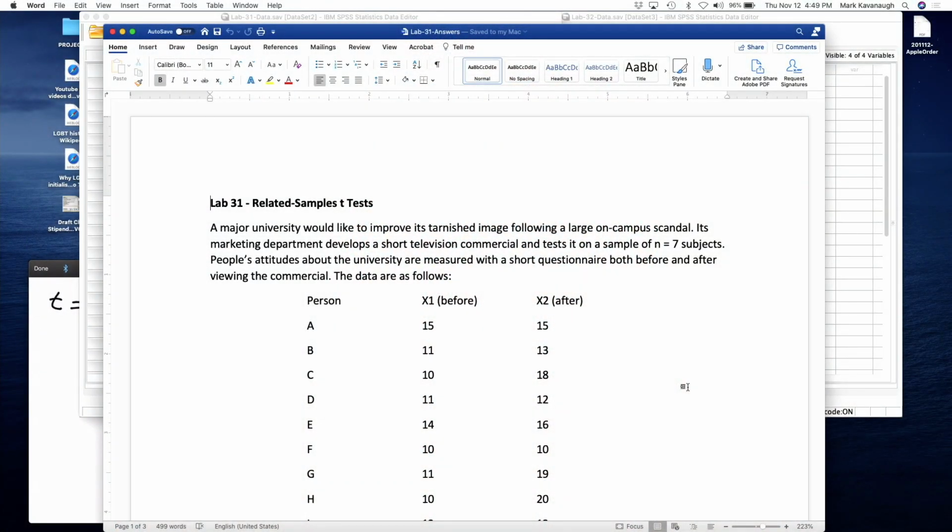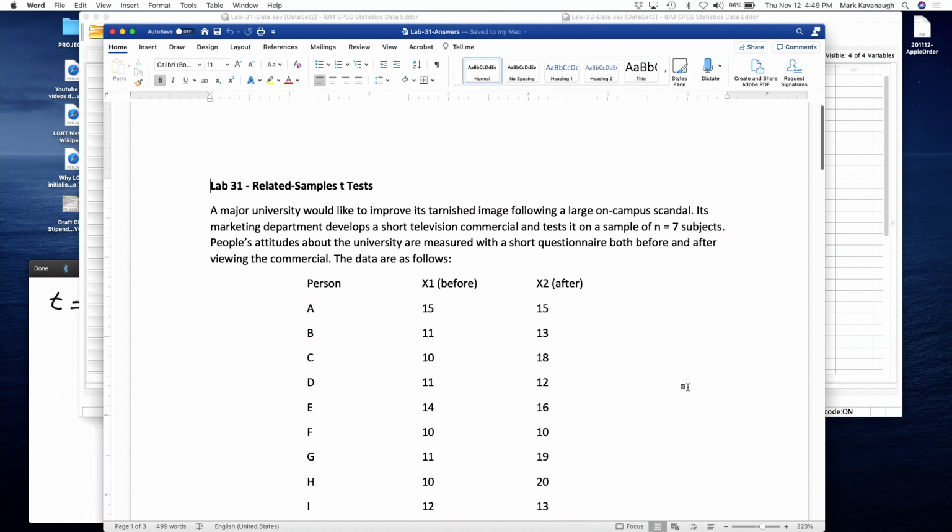Okay, so we're going to launch into lab 31. Let's take a look at lab 31 right now, and the first question that we're given here has to do with a college or university that has a tarnished image.